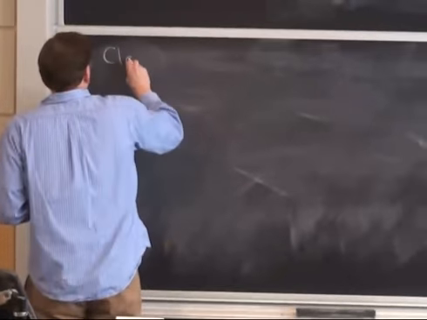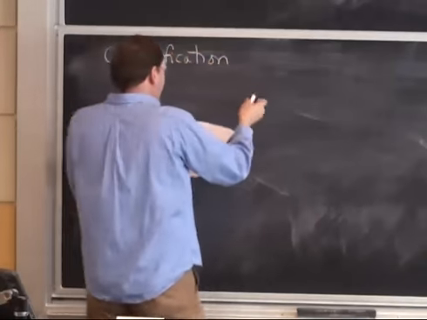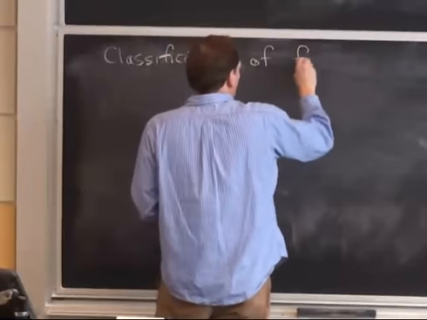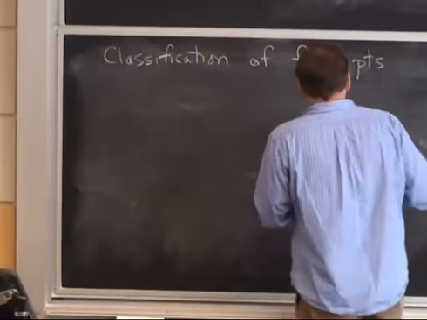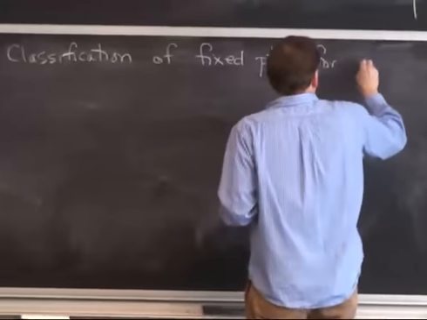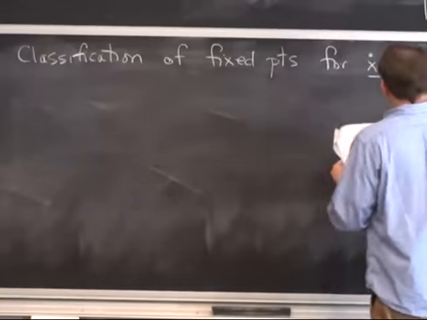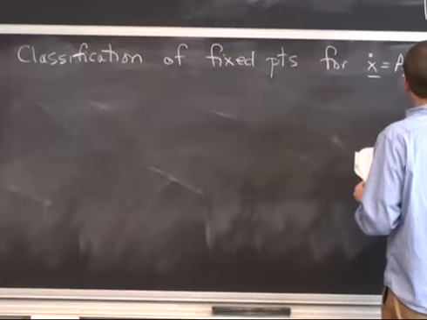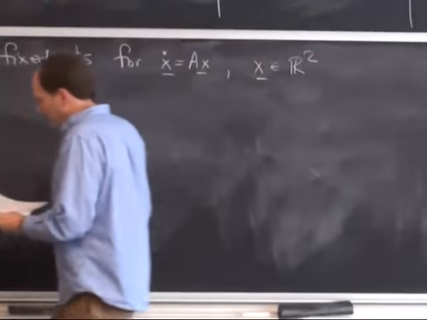So here's a quick run through the classification of the fixed points for this group of two-dimensional systems, x dot equals Ax with x in R2.